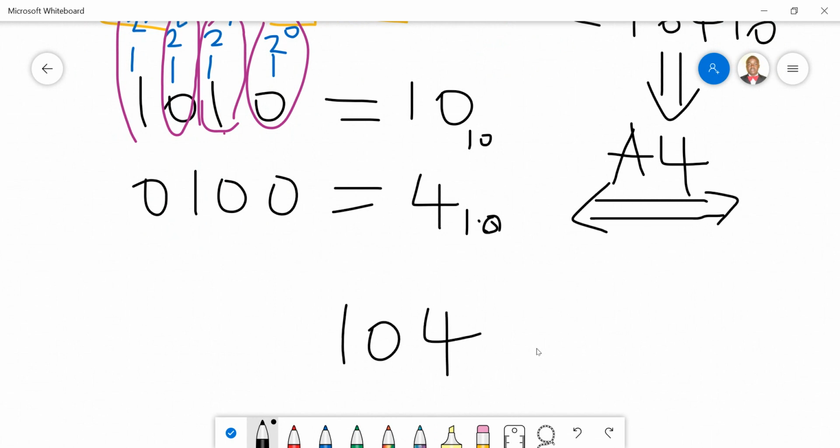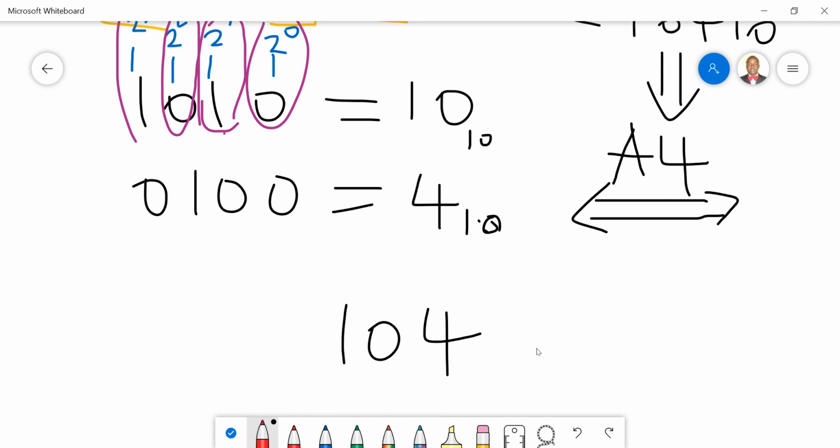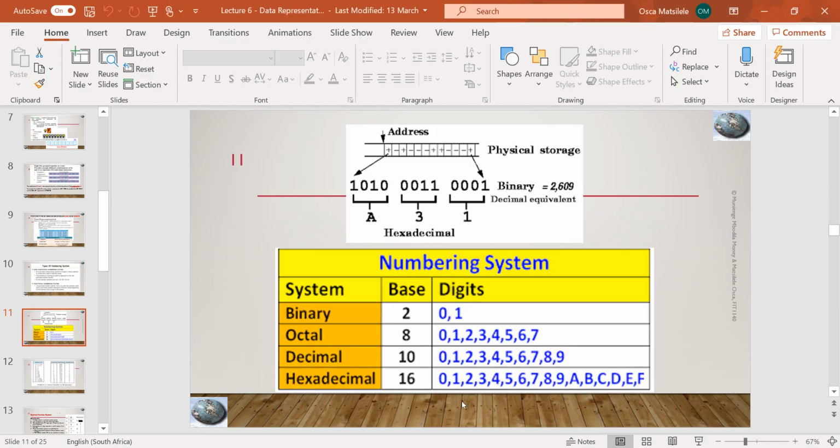We say this is wrong. It's not 10 4. It's A4. Why are we saying it's A4? Let me show you. Remember the numbering system: in hexadecimal, the digits start from 0.